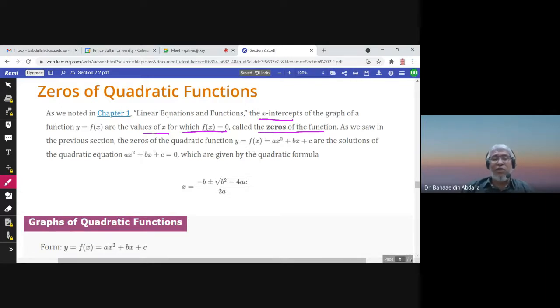How to find the zeros? If you put y = 0 and solve, you have this equation, and this is the quadratic equation which we mentioned in the previous section. So we can solve and find the value of x using the quadratic formula given by this.